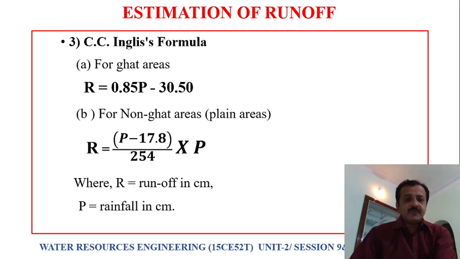According to the English formula, the runoff is given by 0.85 P minus 30.5, where P is rainfall in centimeter. For non-Ghat areas, the runoff R is P minus 17.8 divided by 254 into P. Here also P is rainfall and R is runoff.